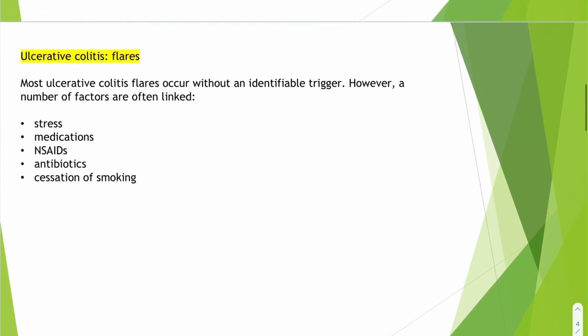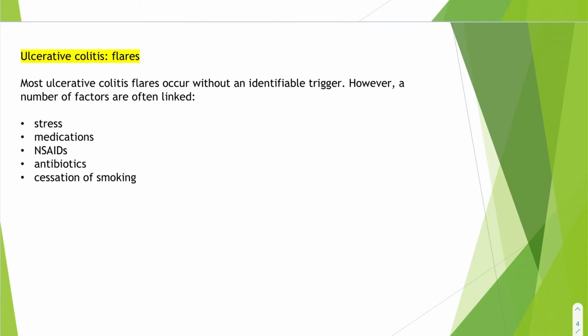Let's talk about the flares for ulcerative colitis. Most ulcerative colitis flares occur without any identifiable triggers, but there are some factors which are linked, like stress, medications, non-steroidal anti-inflammatory drugs, antibiotics, and cessation of smoking.